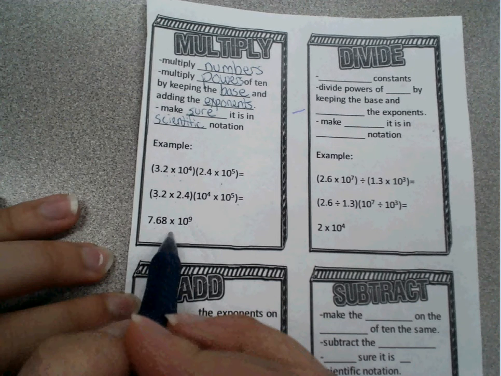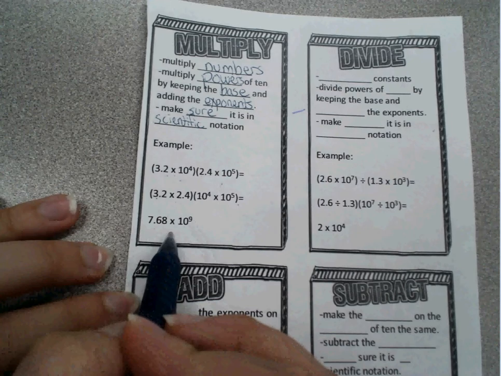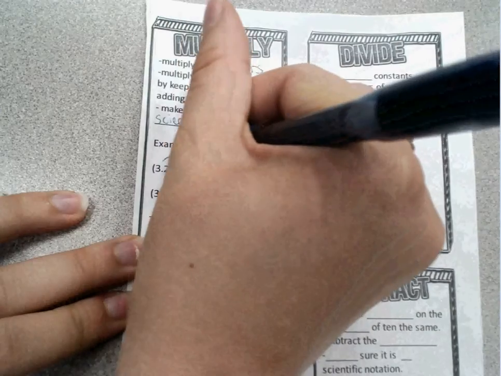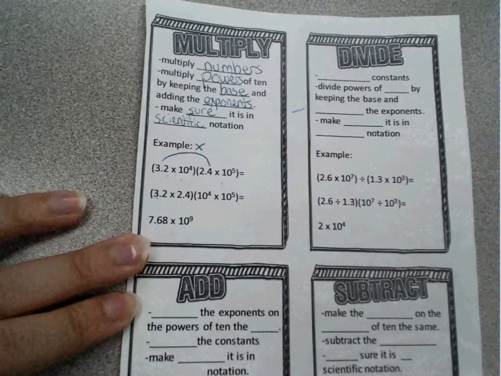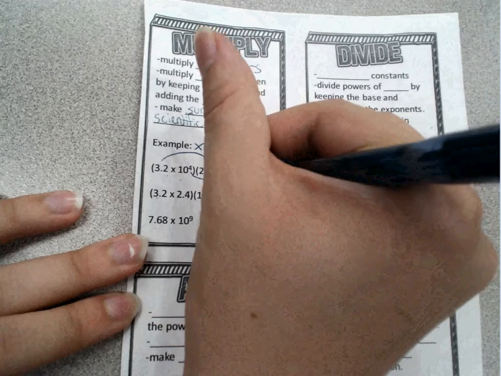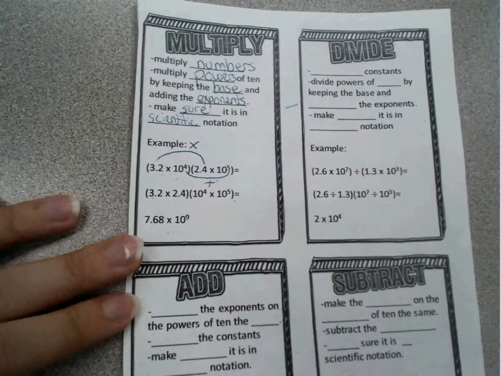So in scientific notation, 7.68 times 10 to the 9th power. Multiply the numbers, add the exponents, and that's all we do with multiplication.